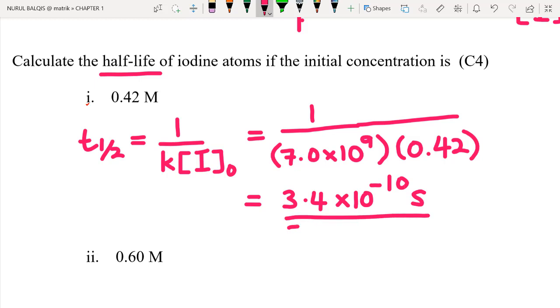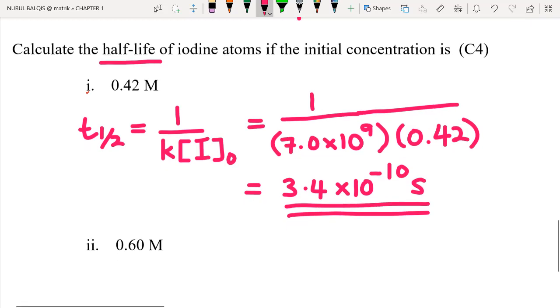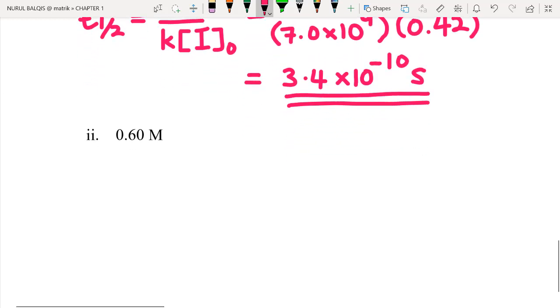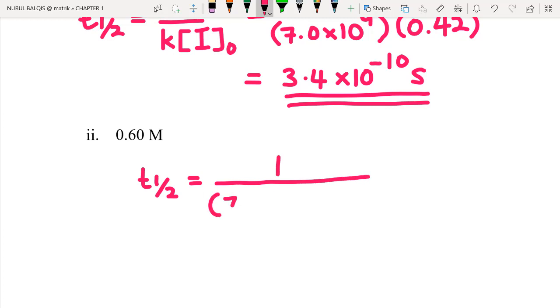Alright, so same goes for the final question here, 0.6. So simply use the same formula. I will simply substitute the values. So our t half is going to be 1 over 7 times 10 to the power of 9 times 0.60 molar.